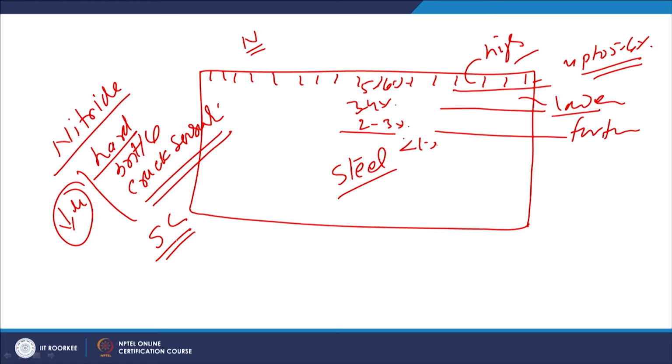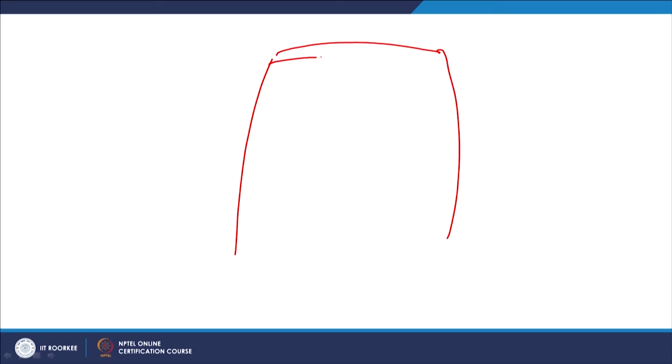If we try to plot the variation in nitrogen concentration with increasing depth and the kind of compounds formed at the surface, for a systematic understanding, the very top surface layer has oxides and very high nitrogen nitrides.